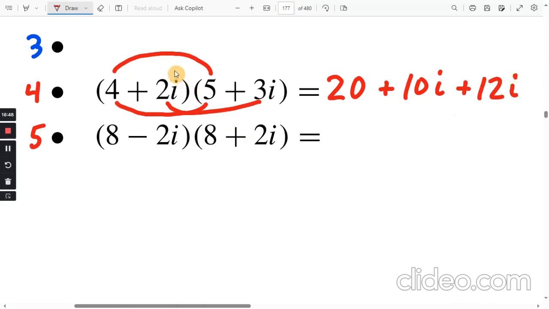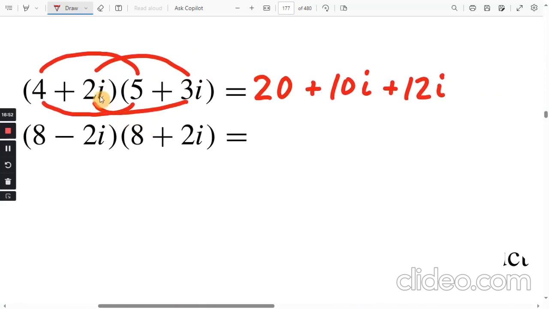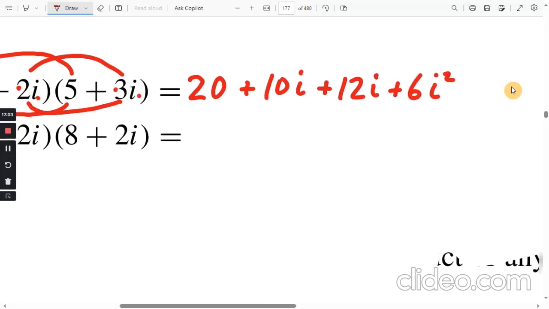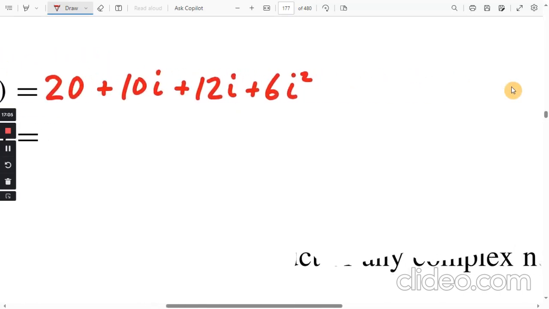And the last is going to be 2i times 3i. Well, 2 times 3 is 6, positive 6. And we said i times i is i squared. All right, so let's see. i squared is the same as -1, so I'll cross this off and write -1.